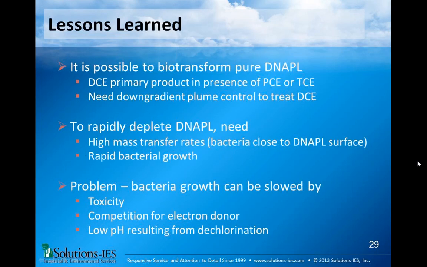We don't have a giant enhancement, but the control columns released a maximum of about 0.3 millimolar of PCE. So we've got a factor of 3 or 4 increase in effective solubility over that alone.